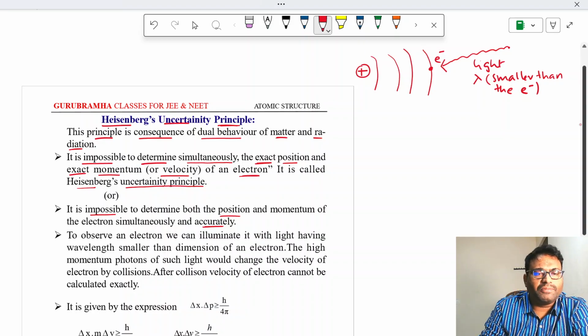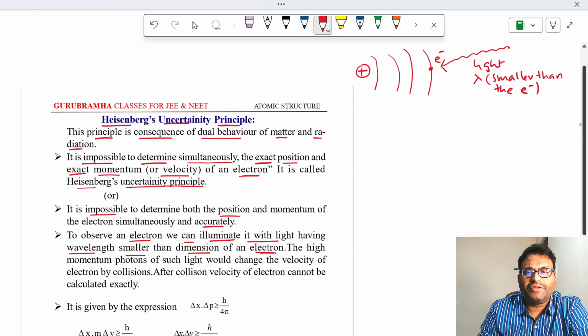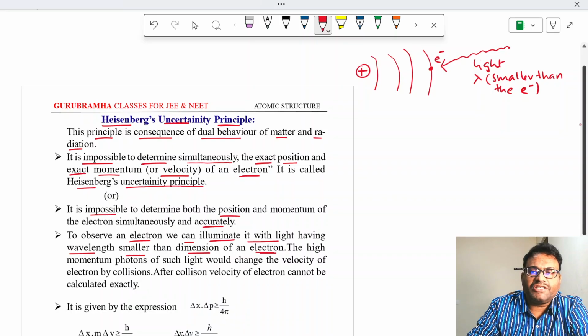So to observe an electron, we can illuminate it with light having wavelength smaller than the dimension of the electron. We are focusing light to observe the position and velocity of this electron, illuminating the electron with light having wavelength smaller than that of the electron.